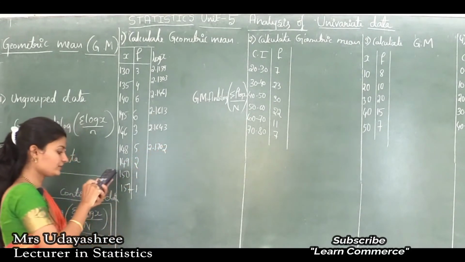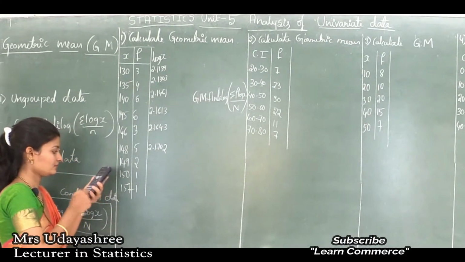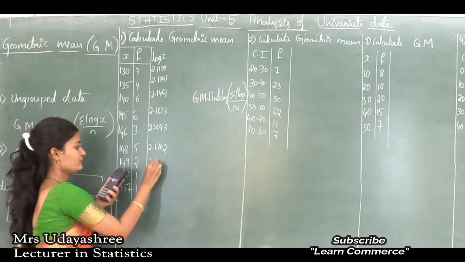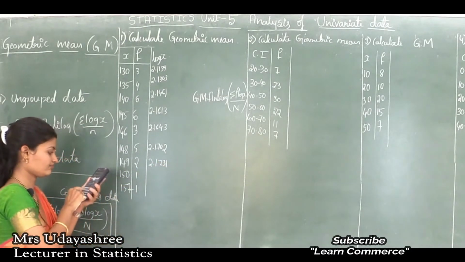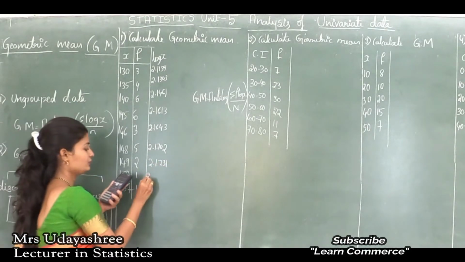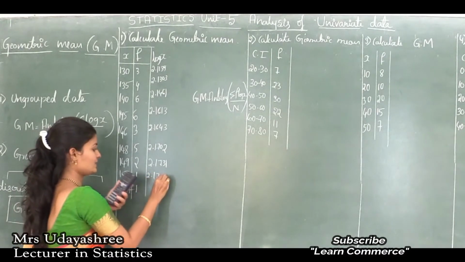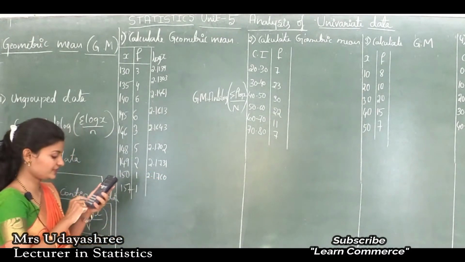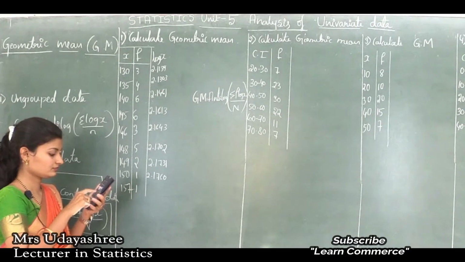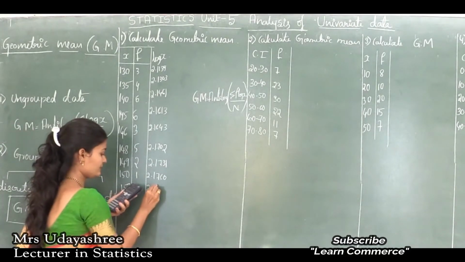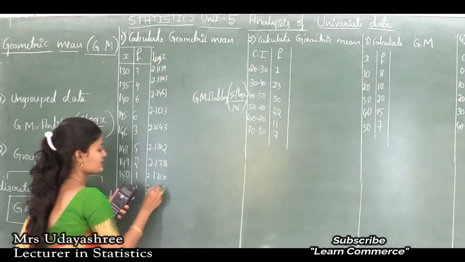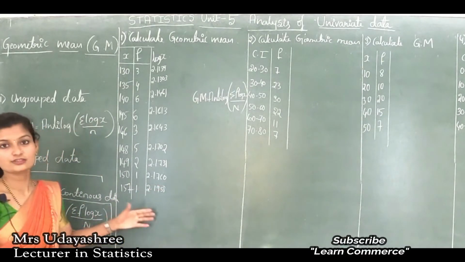Then log 149 is 2.1731. Then log 150 is 2.1760. Then log 157 is 2.1958. Here we got the log x observations.